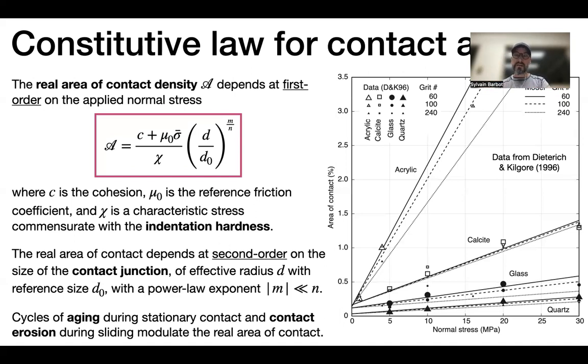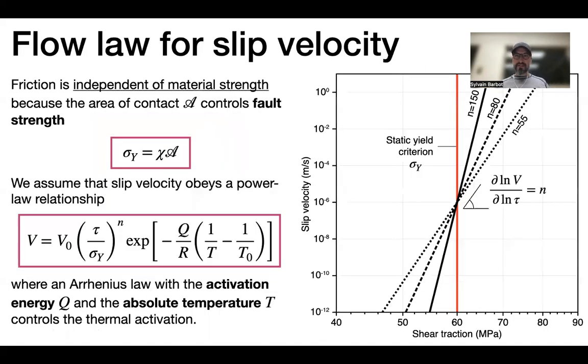In these experiments, the size is actually controlled by the preparation of the samples with different grit numbers. So the higher the grit, the smaller the grain size. And so we can see this linear relationship with normal stress. We can see this higher order sensitivity to the size of the contact junctions. So this is the first assumption of the model.